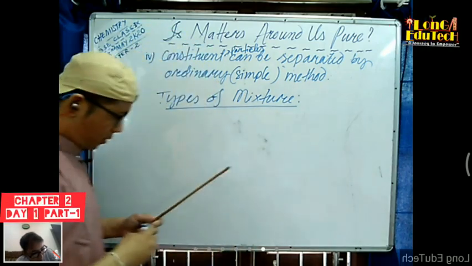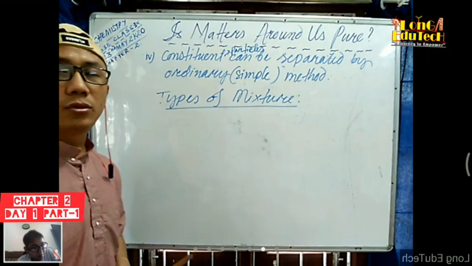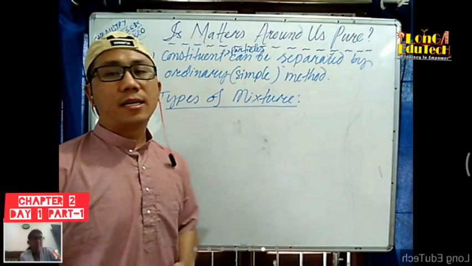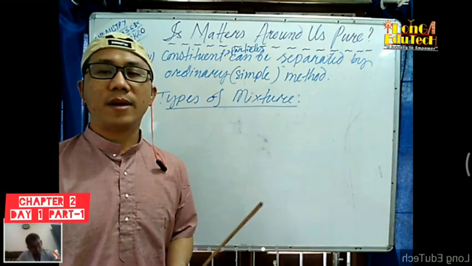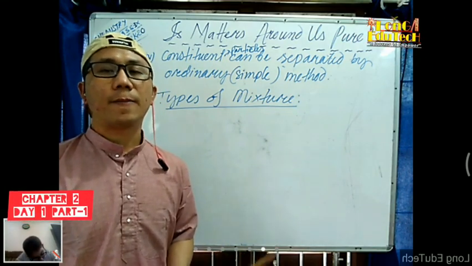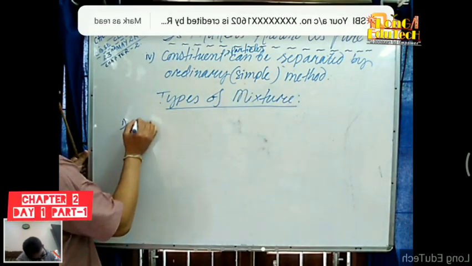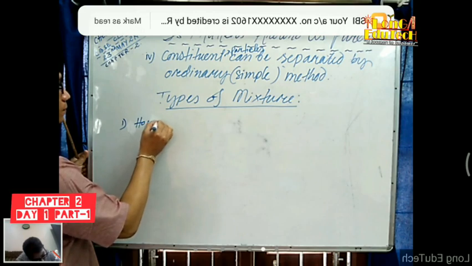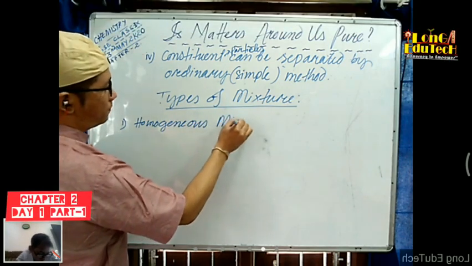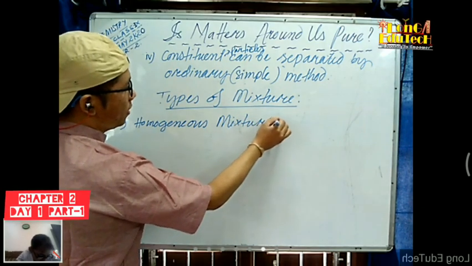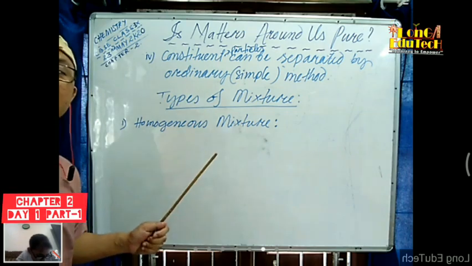In these types, generally we divide mixtures into two categories: homogeneous mixture and heterogeneous mixture. This is a very important part you have to keep in mind. Type number 1 is the homogeneous mixture, and second will come the heterogeneous mixture, but let us study the homogeneous mixture first.